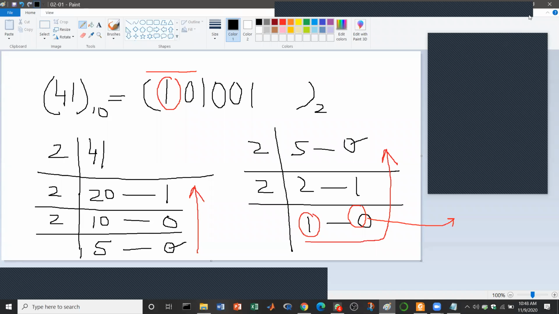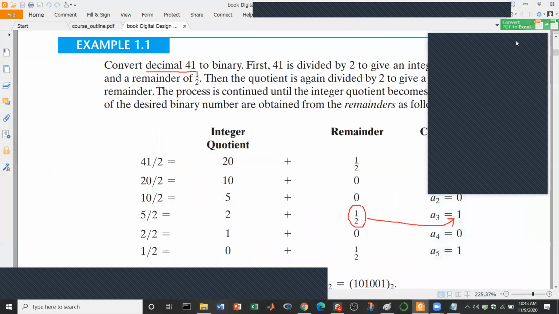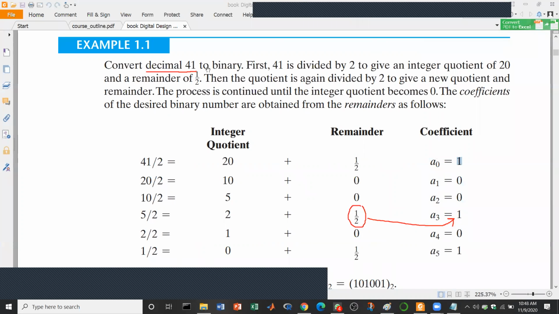Actually, if we go to the question, in the question it is written: convert decimal 41 to binary. So it is written that 41 is a decimal number to be converted to binary.